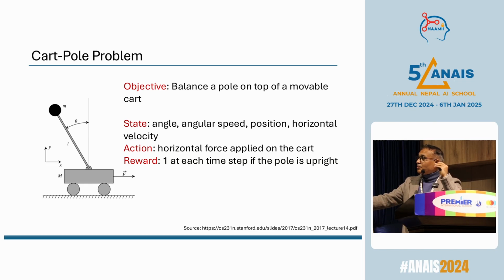So in this example, with this reward 0 or 1, the agent knows that when the state is something, with this angle, this angular speed, its position and horizontal velocity, we have to apply this force so that it remains balanced, and then it receives the reward. So with this reward, the agent will learn something.